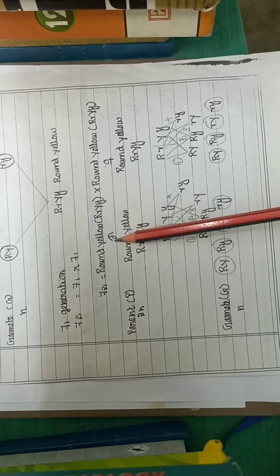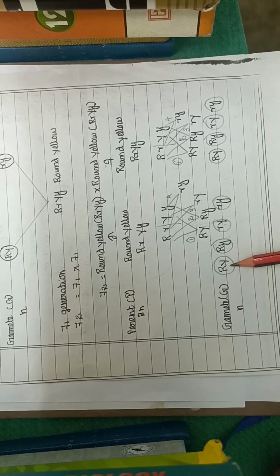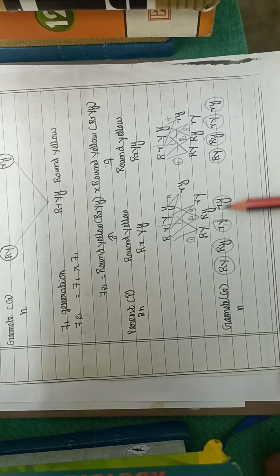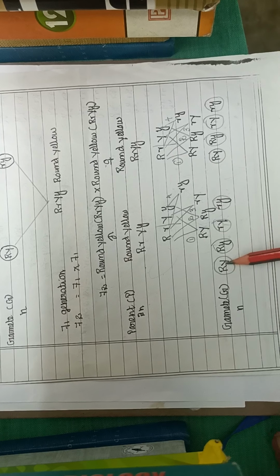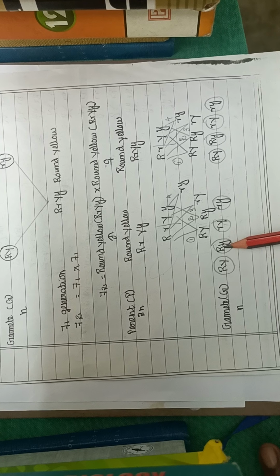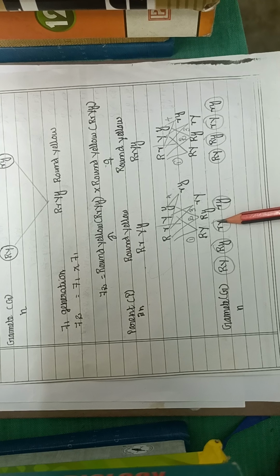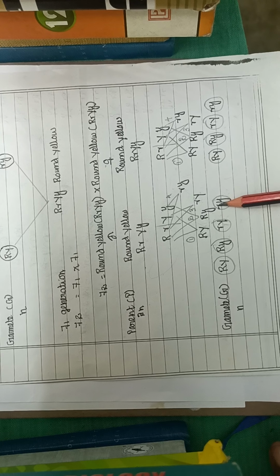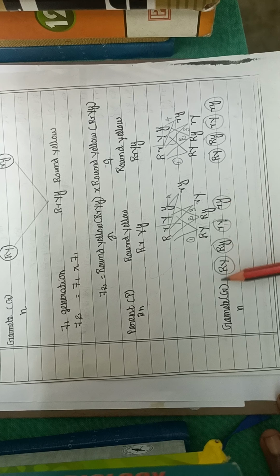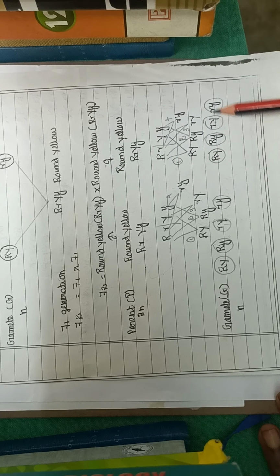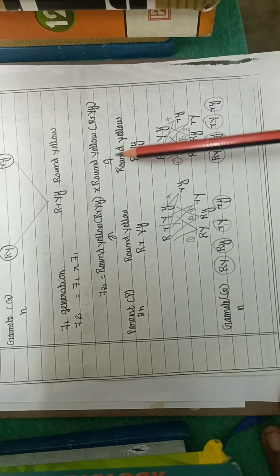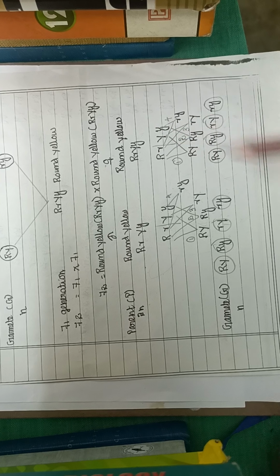So the male parent produces 4 different types of gametes. One with capital R, capital Y, the second gamete with capital R, small y, the third gamete with small r, capital Y, and the fourth gamete with small r, small y. Similar types of gametes were produced by the female parent also.